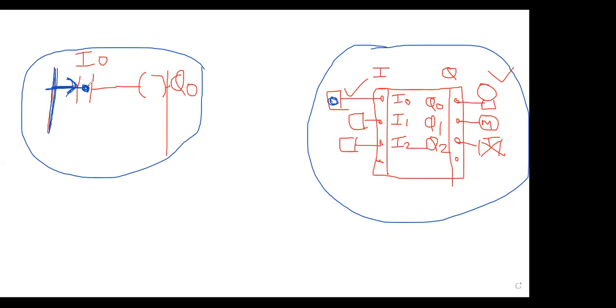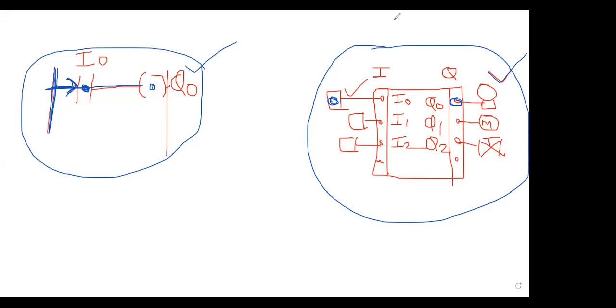I0 is on, this is conducting, and this main supply can reach Q0, and Q0 is on. As Q0 in your program is on, the Q0 terminal on your machine will be high. As this Q0 terminal is high, the connected output will be on. Let it be motor, fan, lamp, anything. So your output is on.